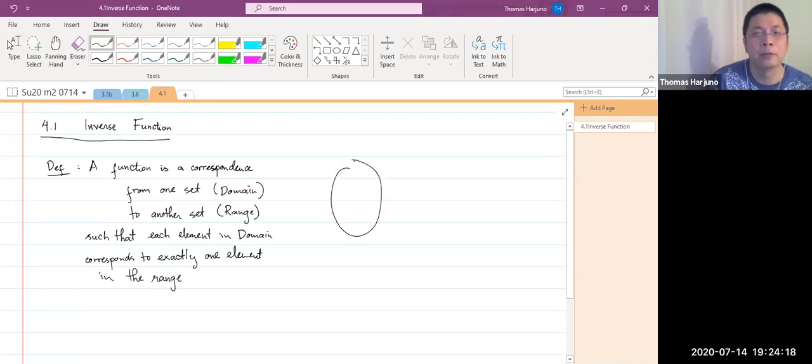From the mapping, suppose we have the domain here and the range here.